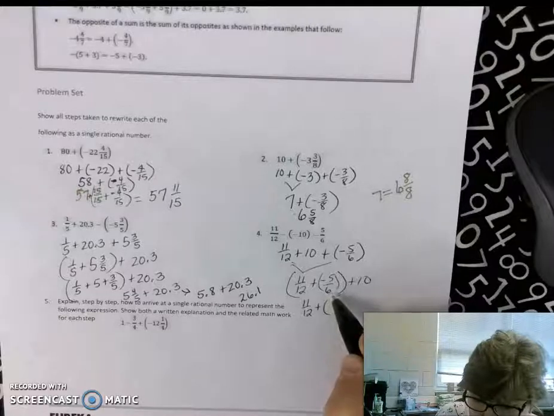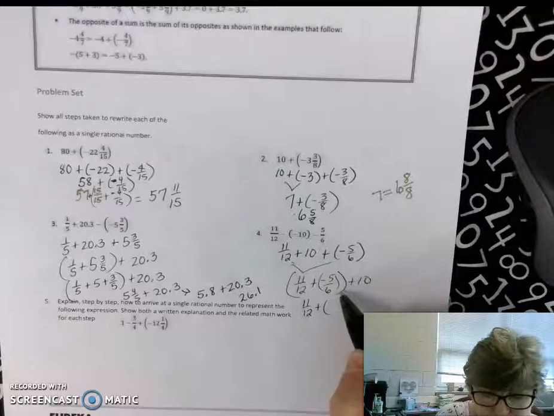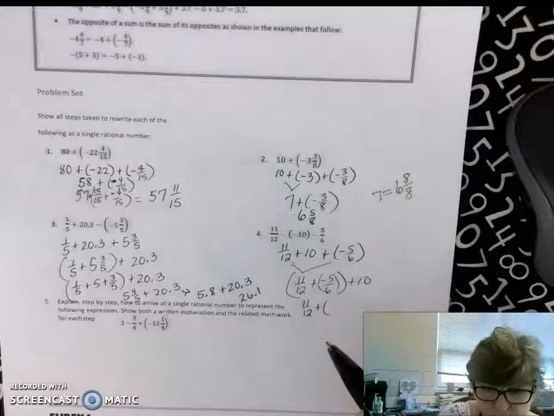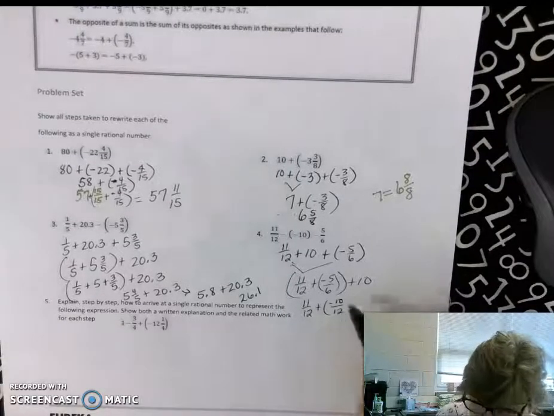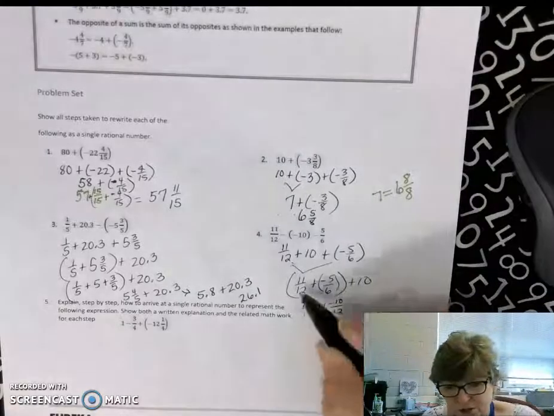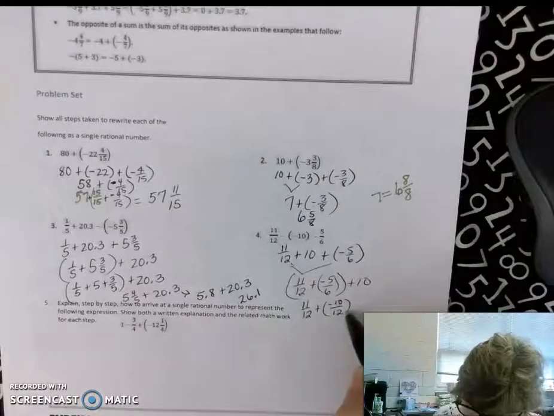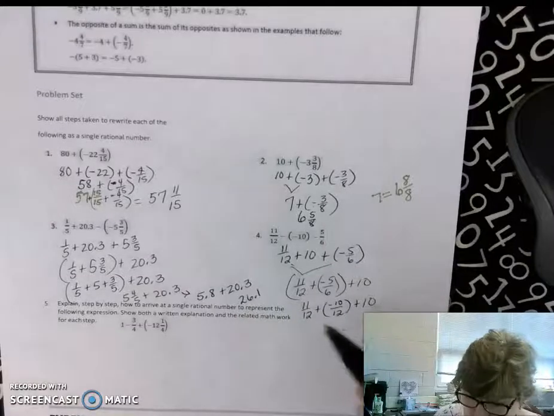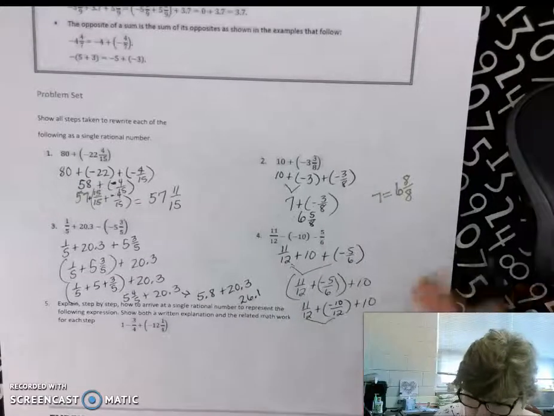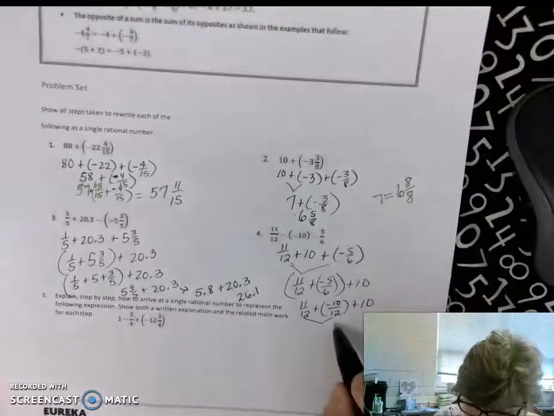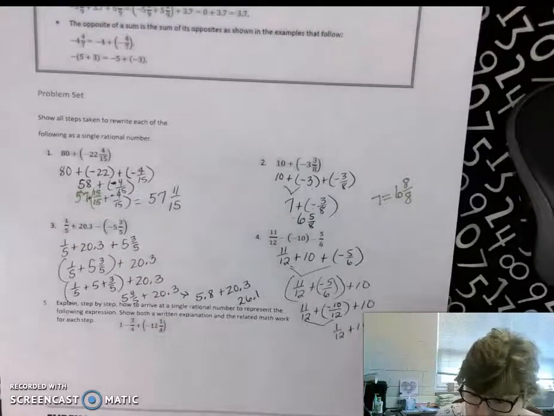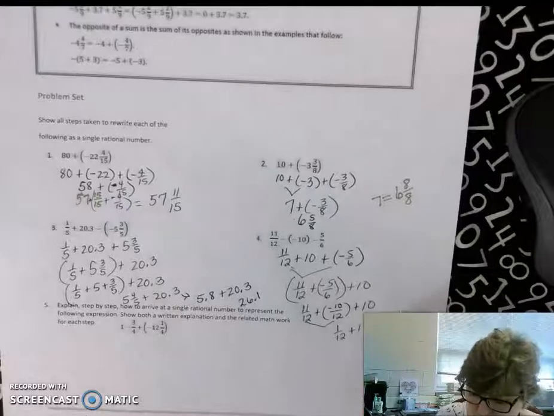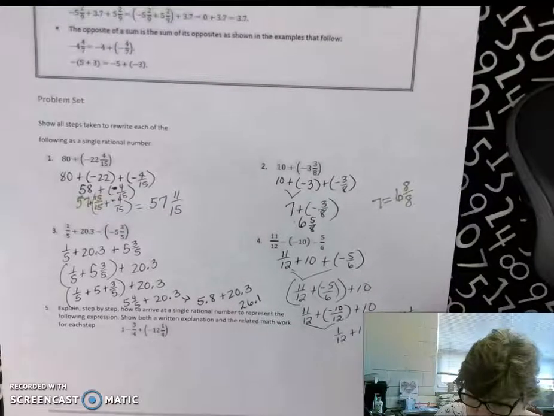So if I have to multiply 6 times 2 to make it 12, then I have to do the same with the numerator. I'm finding that equivalent fraction so that it has the same common denominator. Okay, I'm going to combine, and I get 1/12 plus 10, which equals 10 and 1/12.